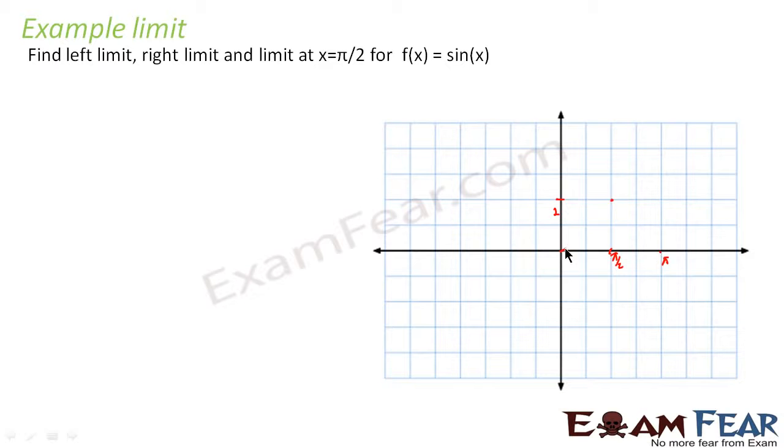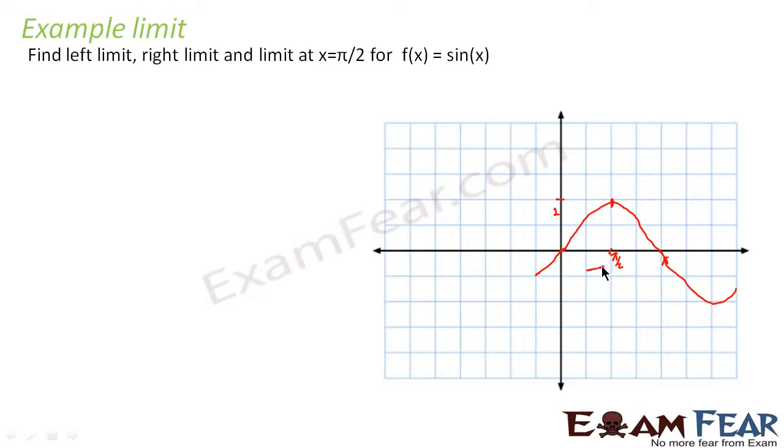So this function is something like this. You know the sine function, it is something like this. It will again go like this. Now we have to find the limit at x equal to pi by 2.